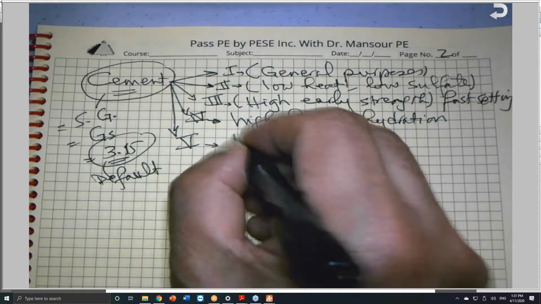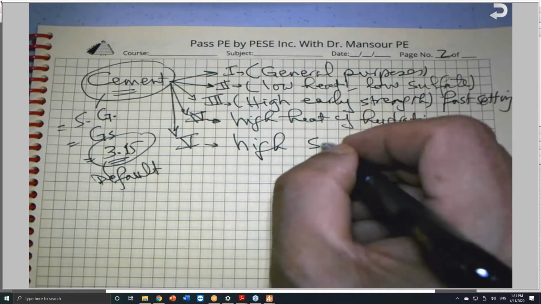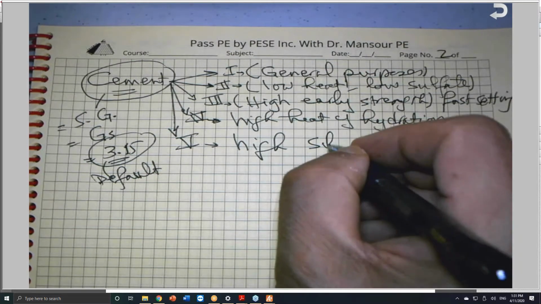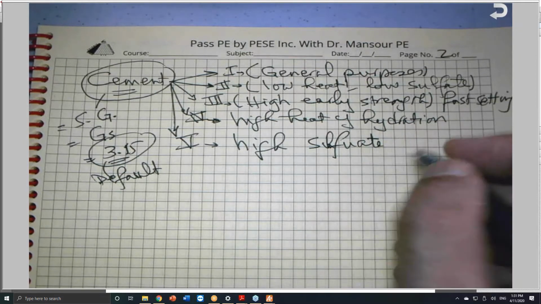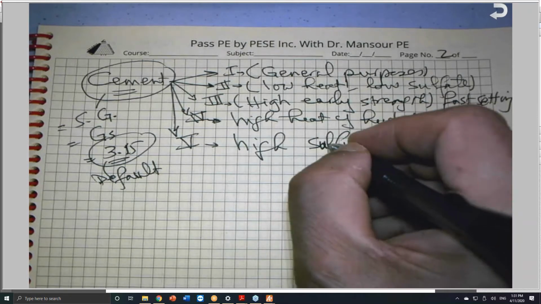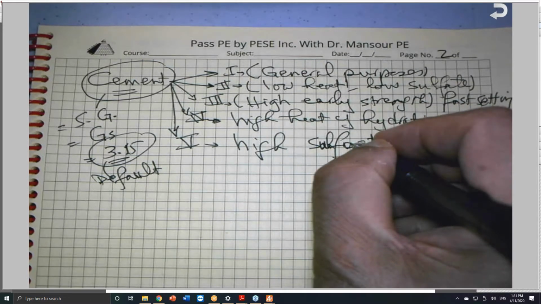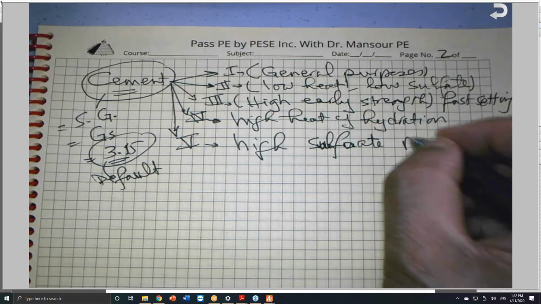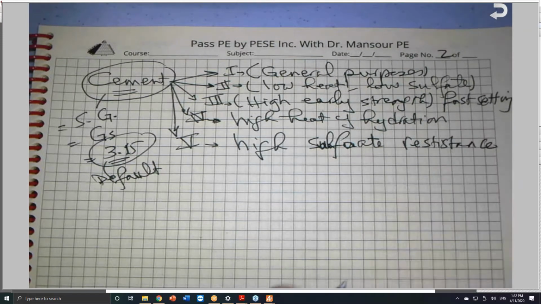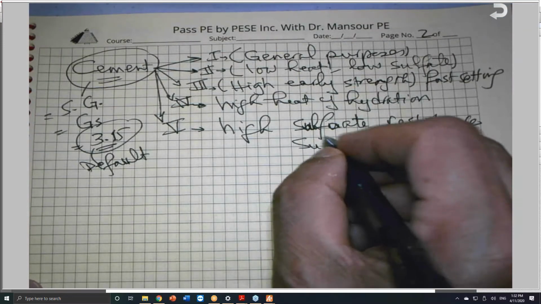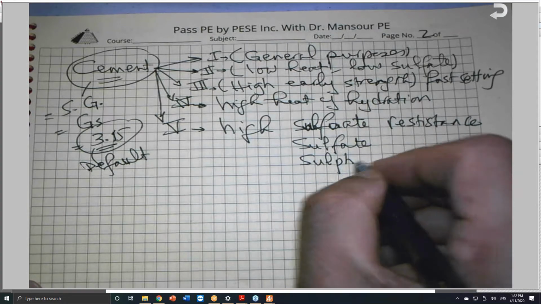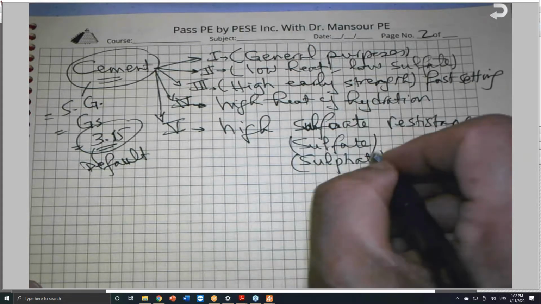And finally, type 5, high sulfate resistance. Sulfate, spelled this way or this way.